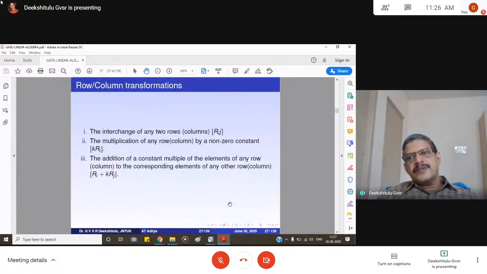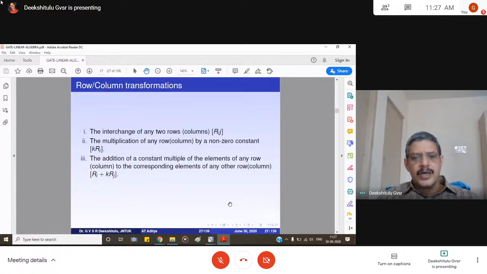Then, to find the rank of a matrix and to deal with systems of linear equations and other things, we need one more important concept called row and column transformations. What are these row and column transformations? One is, you can interchange any 2 rows or any 2 columns.